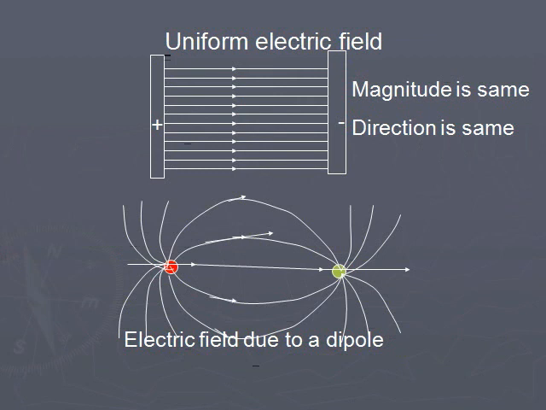Here the field lines start from the positive charge and move towards the negative charge. So the field lines start from positive charge and end on negative charge. So the dipole field will be as shown in the bottom figure.